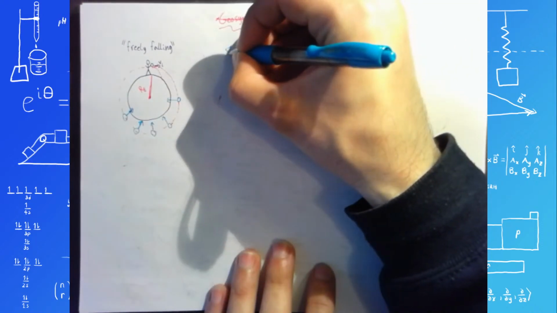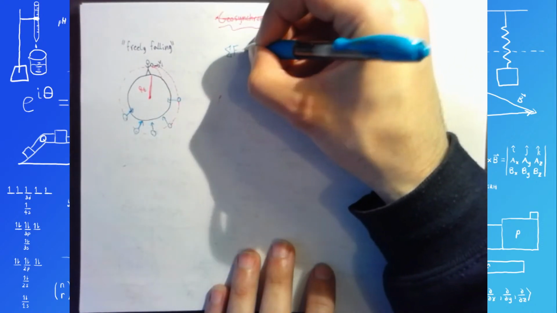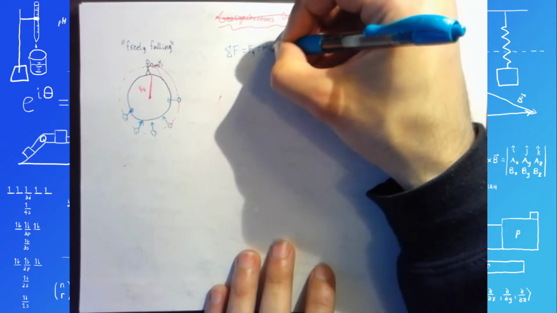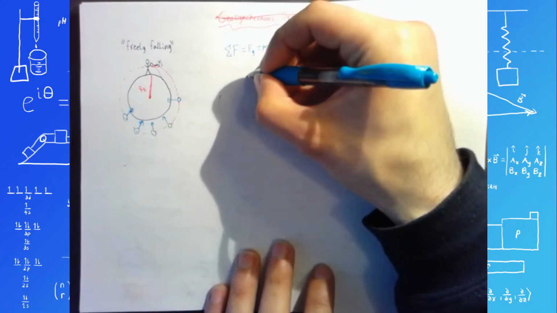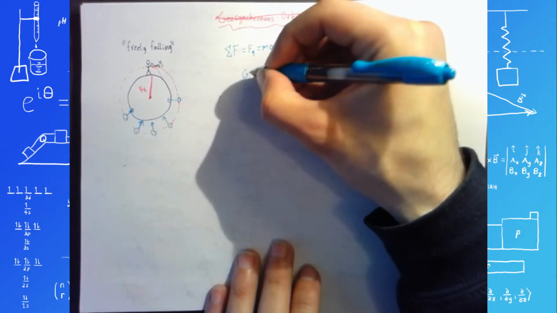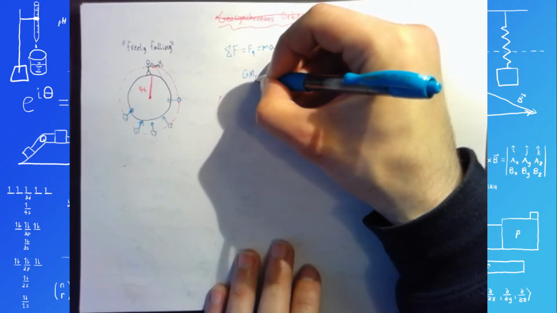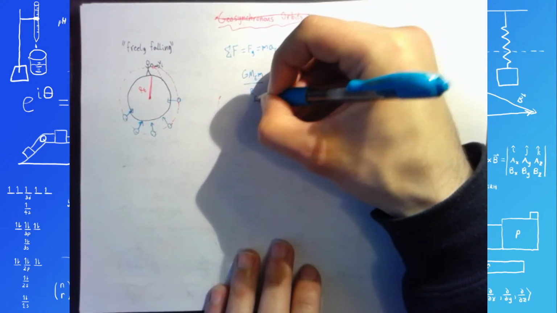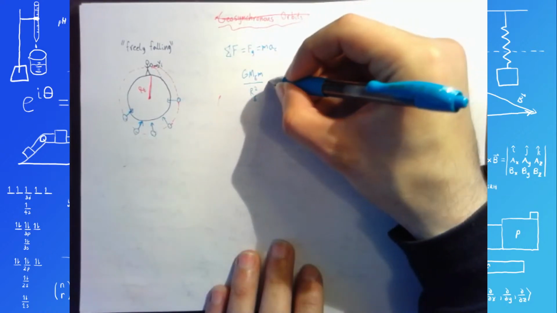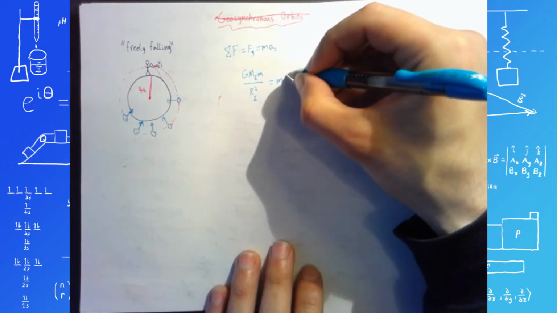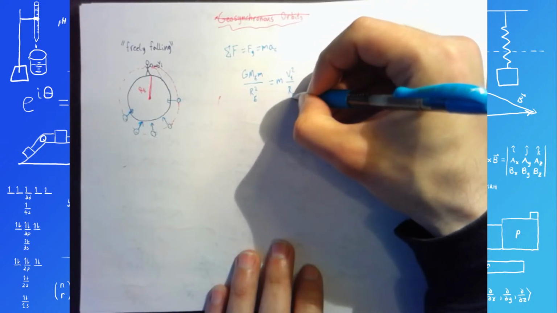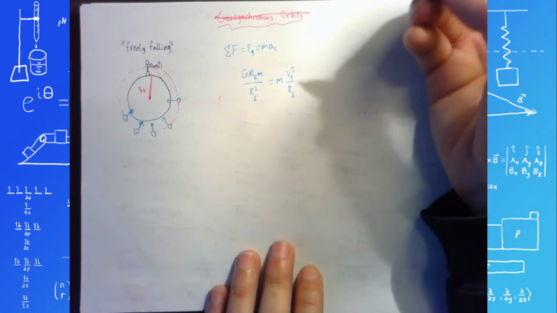So here, the net force, the force of gravity, is equal to mass times, this time, a centripetal acceleration. So if we say big G, mass Earth, mass baseball, over radius Earth squared, equals mass baseball times v tangential squared over radius of Earth. Let's see what we can do.